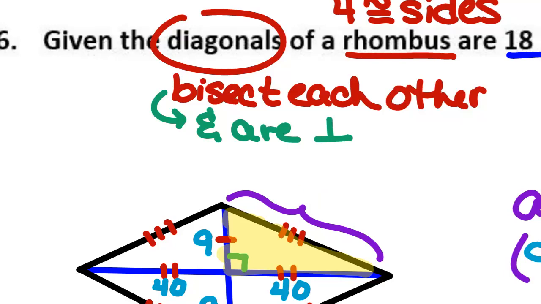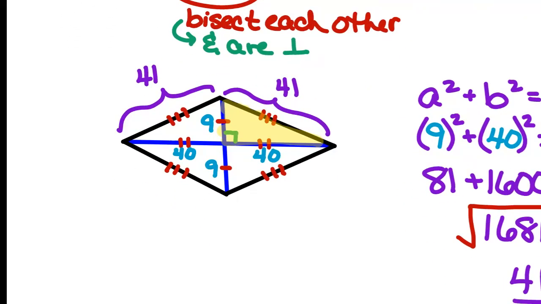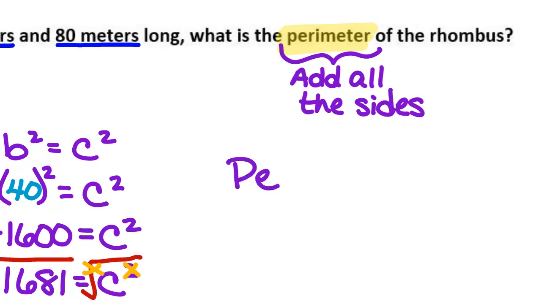So this side over here is 41. So how big is this side? 41. And this side down here? 41. And this side over here? 41.